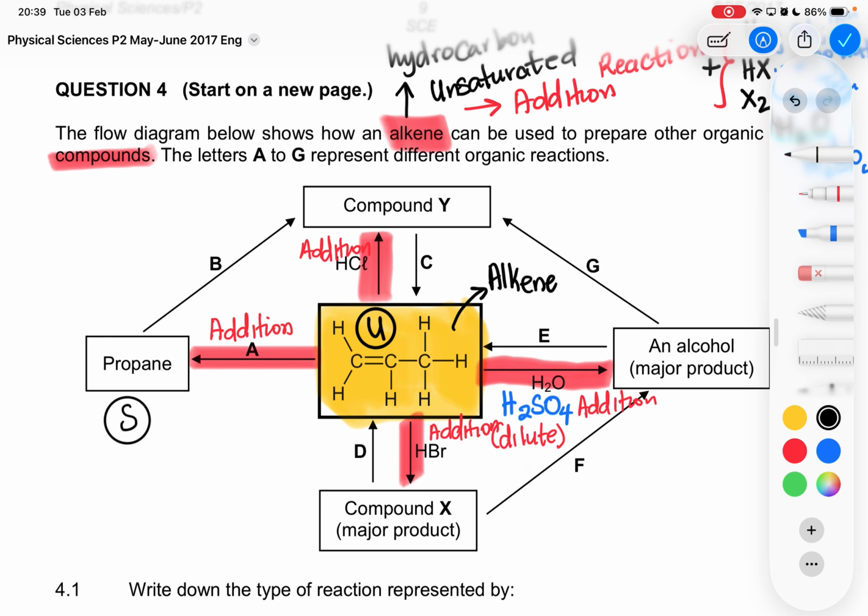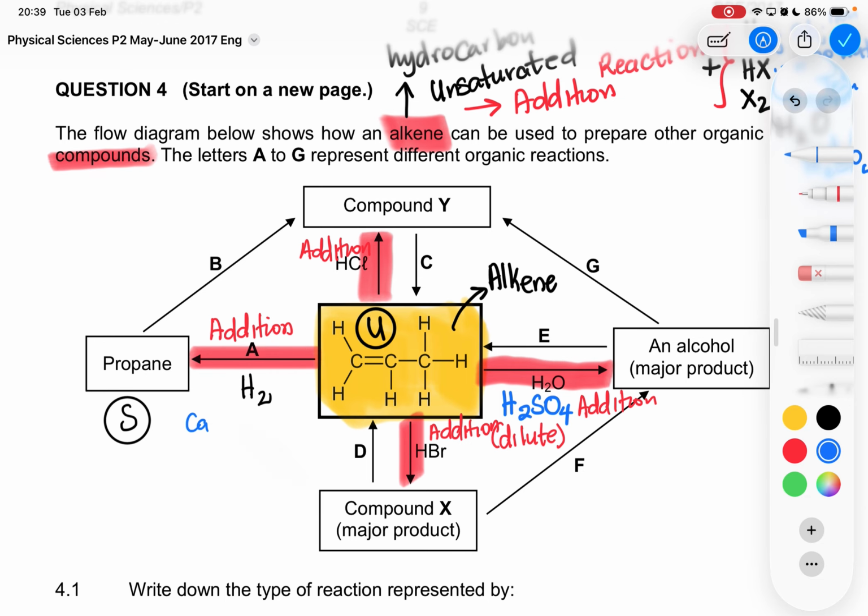So since now we have established addition, from unsaturated alkene to a propane, the new atoms that must be added from a hydrocarbon unsaturated to a hydrocarbon saturated, here we are going to add H2. And I mentioned the conditions here.